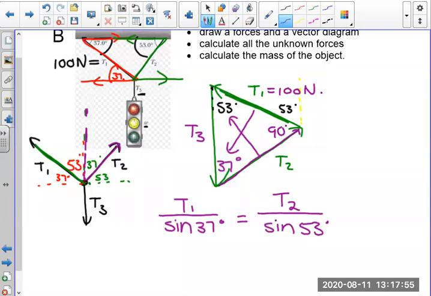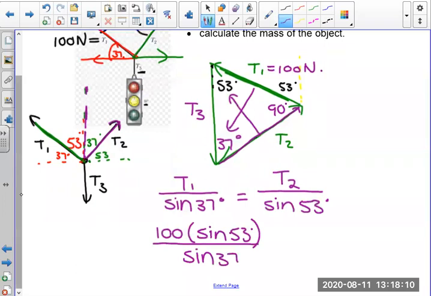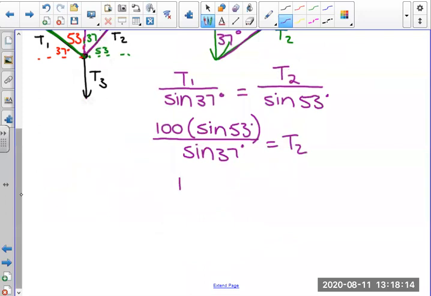So when I work it out, I have the value for T1: it's 100 times sine 53 divided by sine 37 equals T2. When I work this out, I got an answer for T2 as 99.94 newtons.